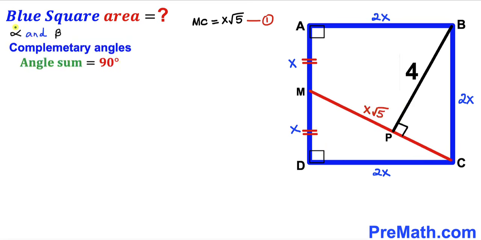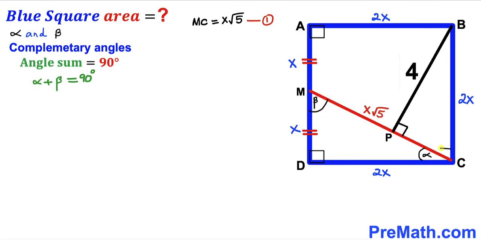Now let's assume that alpha and beta are two complementary angles. In other words, the sum alpha plus beta must be equal to 90 degrees. Let's assume this angle is alpha. We know this angle is 90 degrees, so this angle has got to be beta.